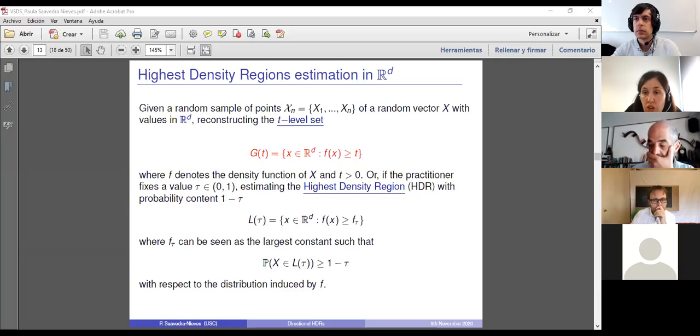This definition is not useful for practical purposes because the level t is usually unknown, and we prefer an alternative definition where the practitioner fixes the probability content 1 minus tau of the level set. This is the definition of highest density region: the level set where the density function f is bigger than a threshold f tau, and this threshold is defined to satisfy this probability content.